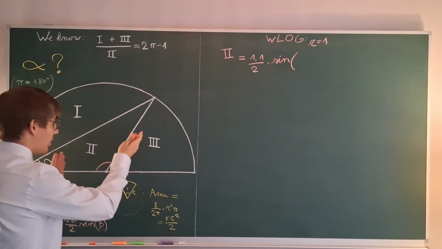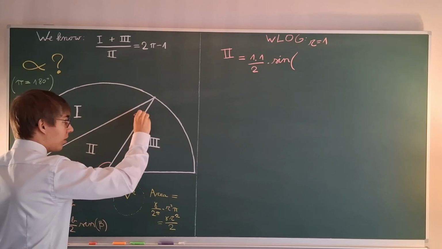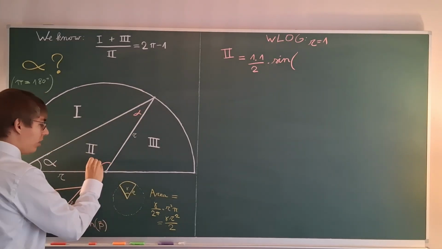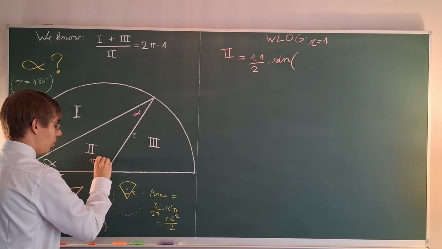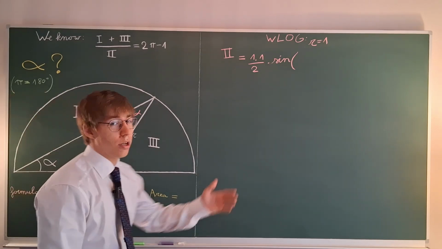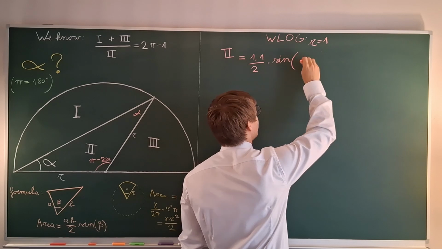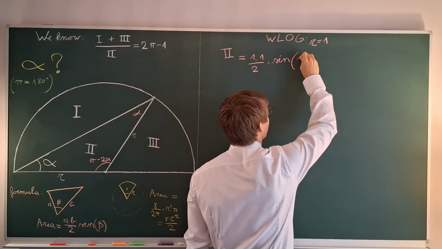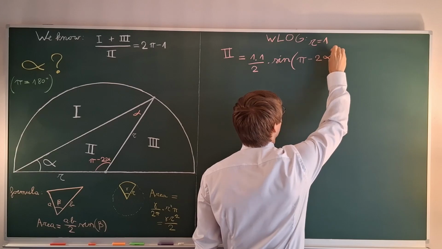This angle, since this is an equilateral triangle, this is also alpha, and this will be pi minus 2 alpha. So we get that the area is 1 over 2 times the sine of pi minus 2 alpha.